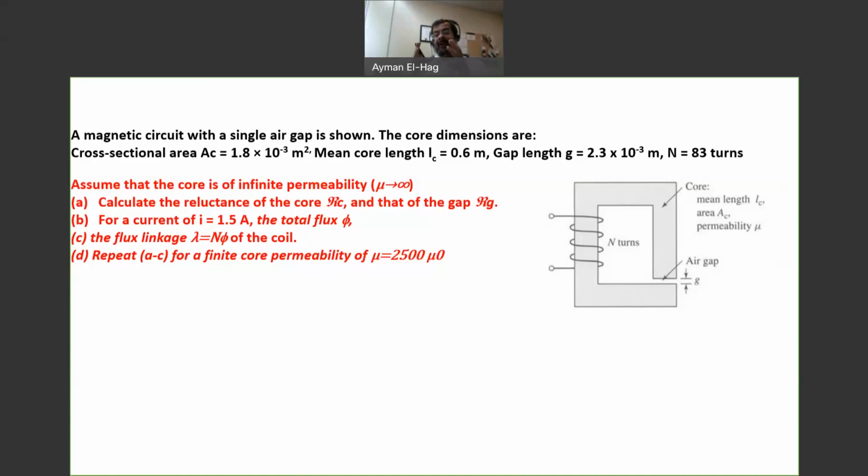Now, when we deal with this problem, we always want to find the equivalent electric circuit. Why? Because we are more familiar with electric circuits than magnetic circuits, so it's easier for us to visualize. So we will always try to draw the equivalent circuit. In a circuit, we have the voltage or the EMF, we have the current I, and we have the resistance.